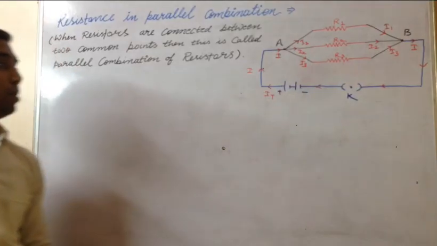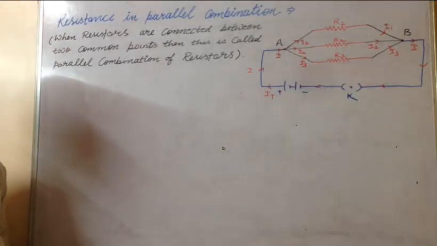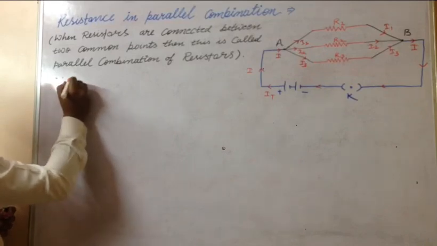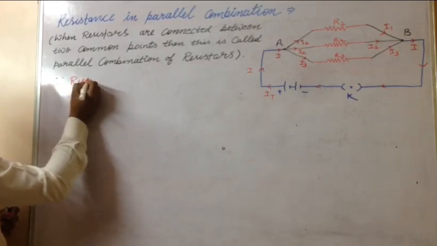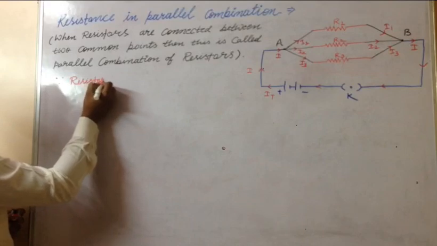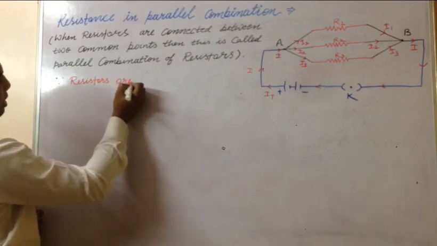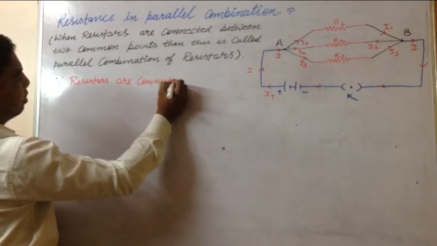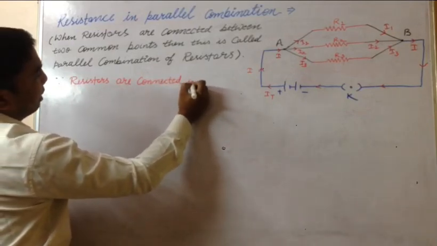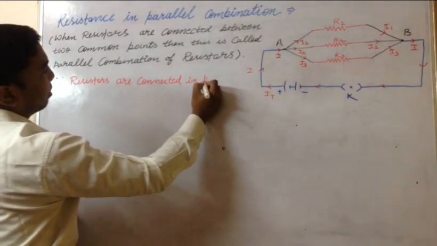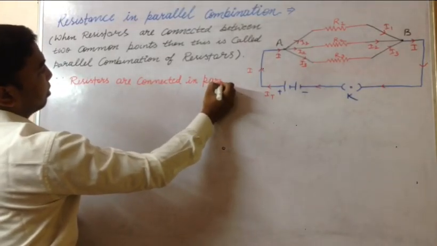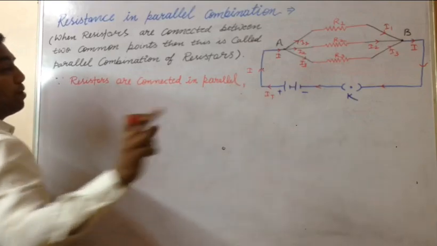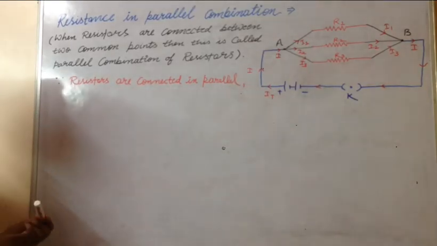This is the diagram. Now let's start with the derivation, how to prove this. So what to write? Since resistors are connected in parallel, and you know when resistors are connected in parallel, what can be written?